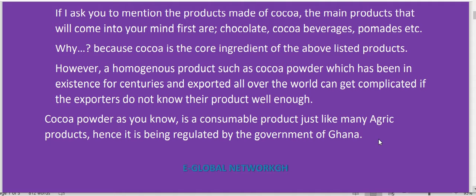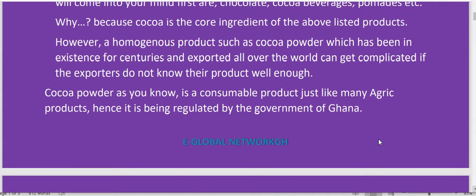Now, cocoa powder, as you know, is a consumable product, just like many agric products. Hence, it is being regulated by the government of Ghana. So cocoa powder falls under the traditional commodity exports.